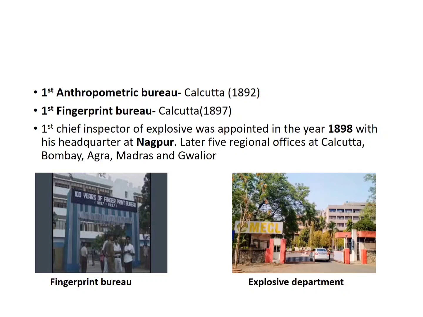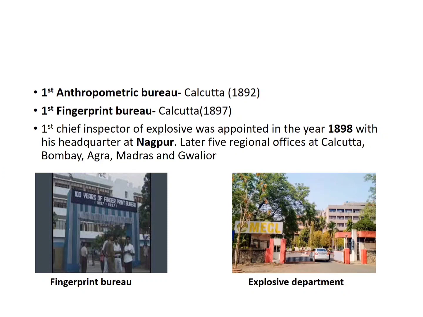So this technique was more precise than the anthropometric system of identification. Therefore, Henry approached the government to seek approval for replacing the anthropometric system of identification by fingerprints for identification of habitual criminals, and the government readily agreed to his proposal, which led to the first fingerprint bureau establishment in the year 1897 in Calcutta.